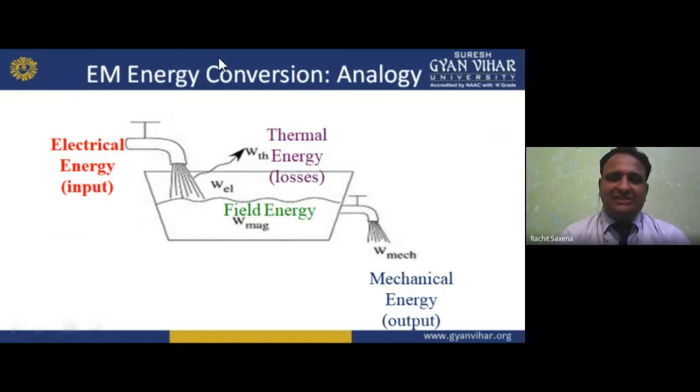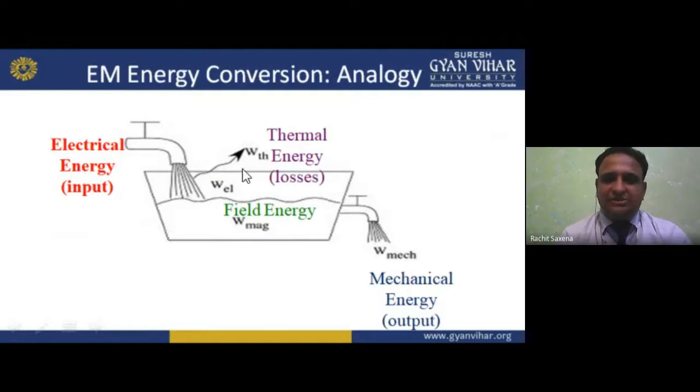So we can say this is your government waterworks, the water system, and this is your individual system, a tank fitted on the roof of your house. The electrical input is the government supply.